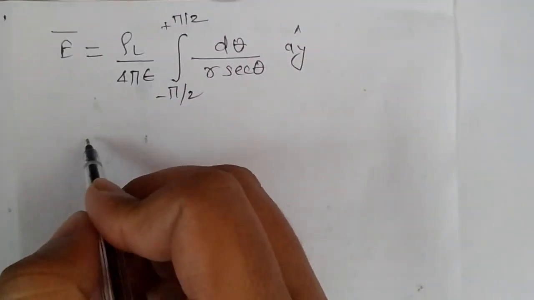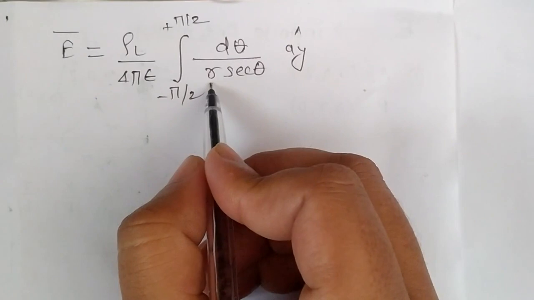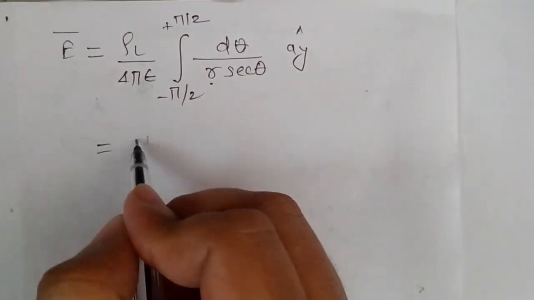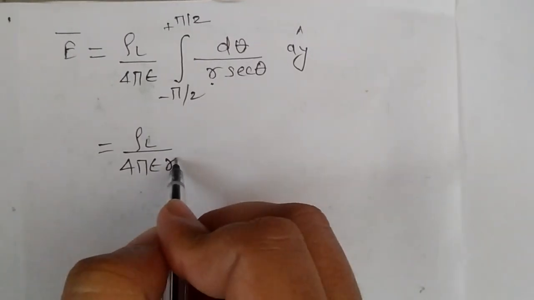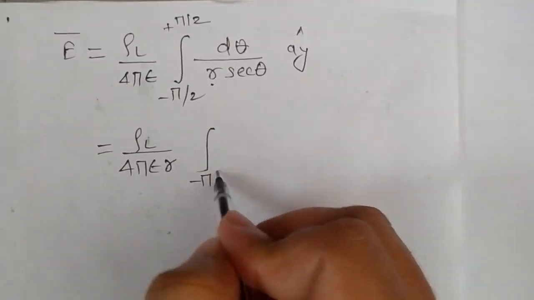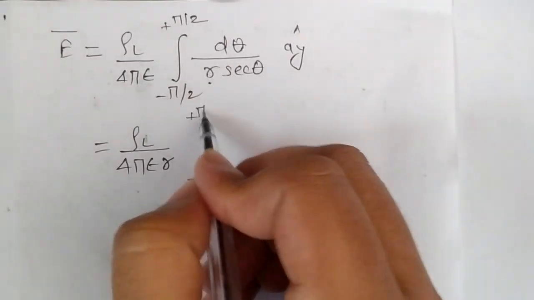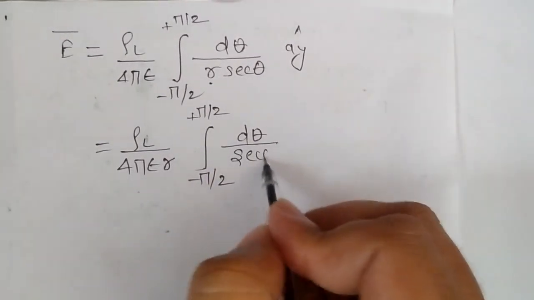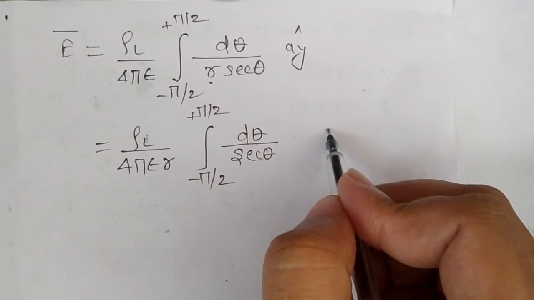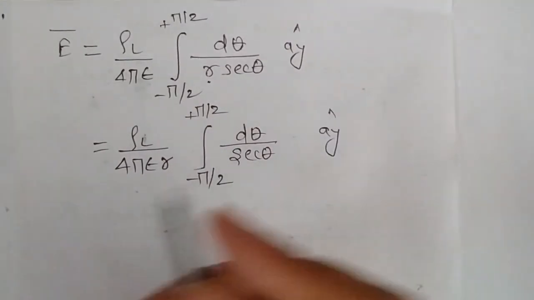Now again simplifying this equation, r is the constant, so it can be taken out of the integral. So it becomes r, integral from minus pi by 2 to plus pi by 2 of d theta upon sec theta, and the whole thing is multiplied by a cap.